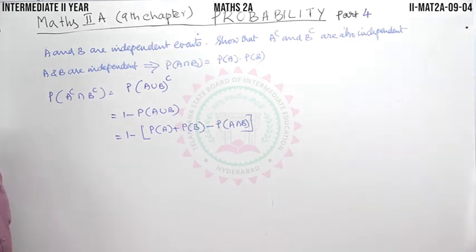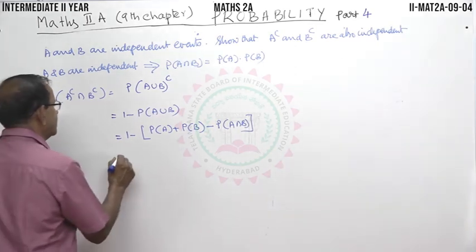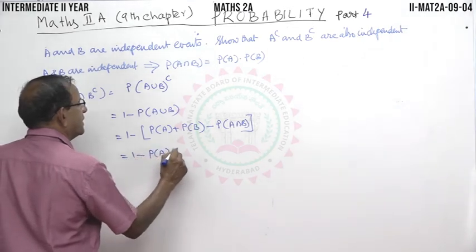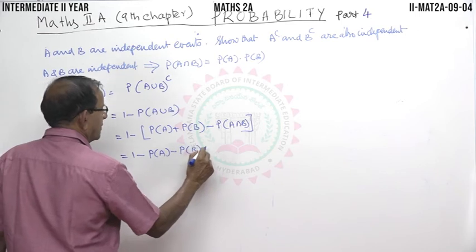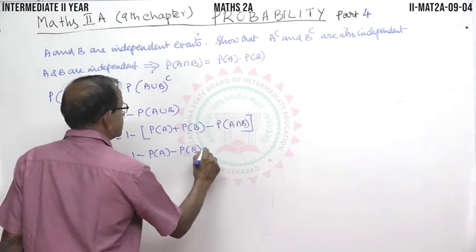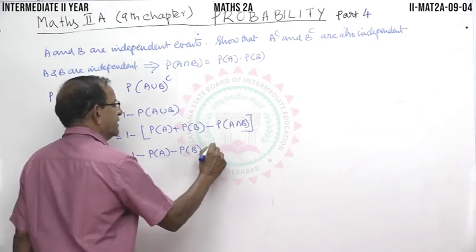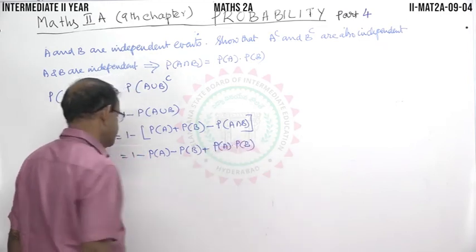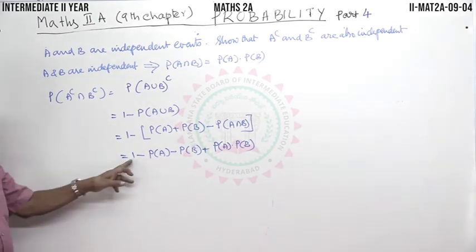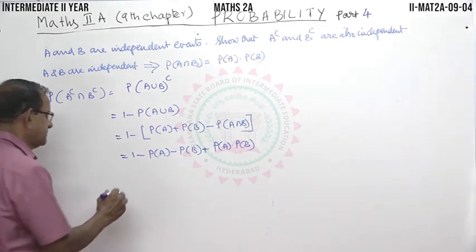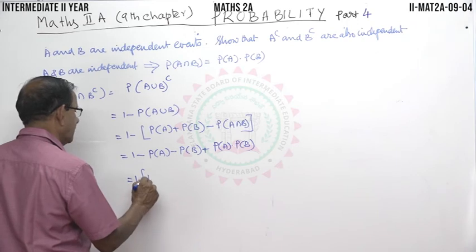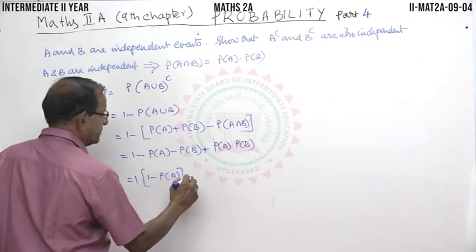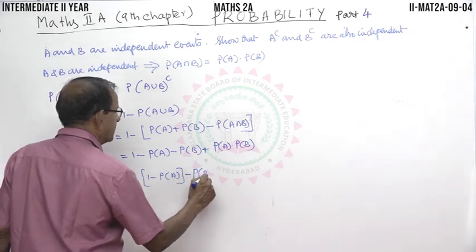But A and B are independent events. So this is 1 minus P of A minus P of B plus, minus into minus plus, P of A into P of B. Now from the first two you can take 1 common, 1 into 1 minus P of A. From the last two you take minus P of B common.